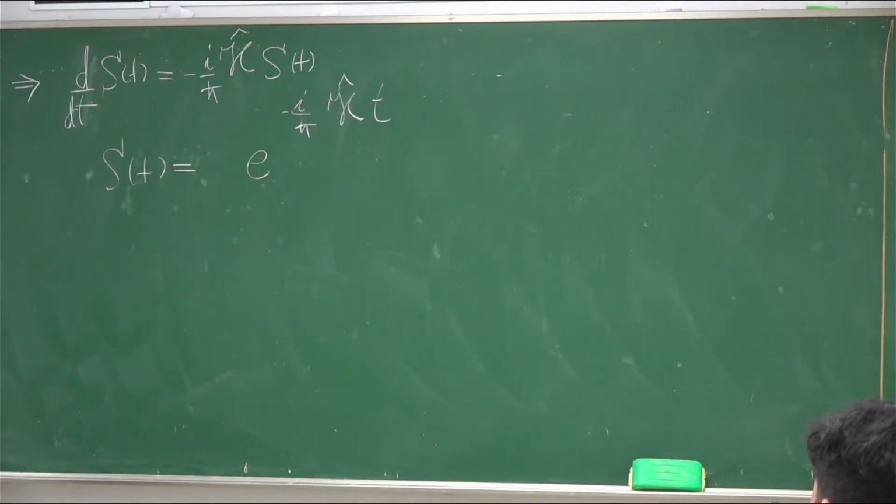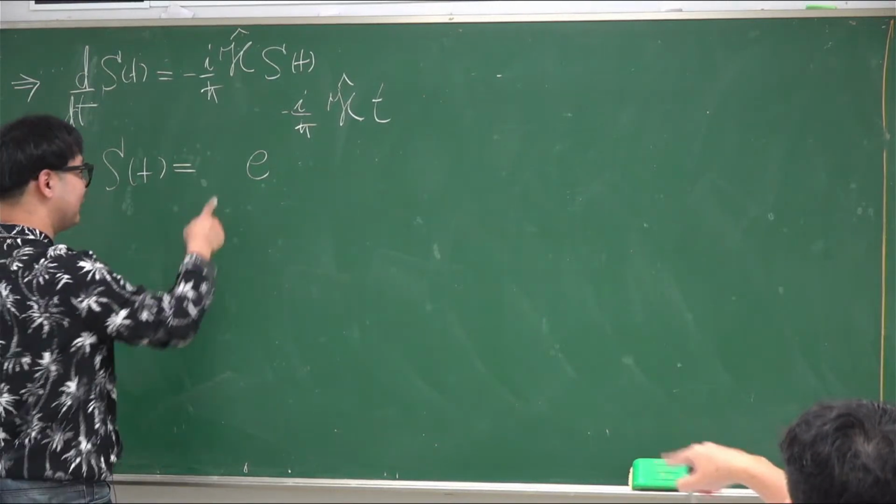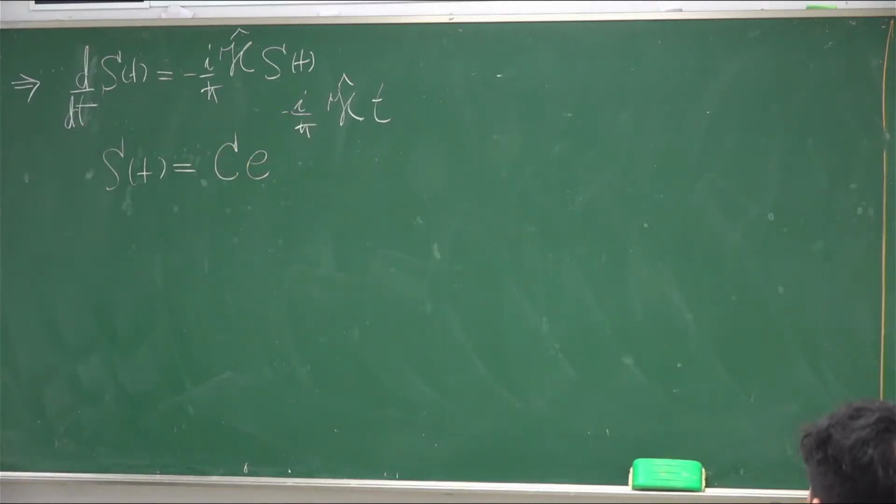Well, it must be a constant, right? If you do the integration. Where is the constant? In front of this. And then how could we find the value of this constant?